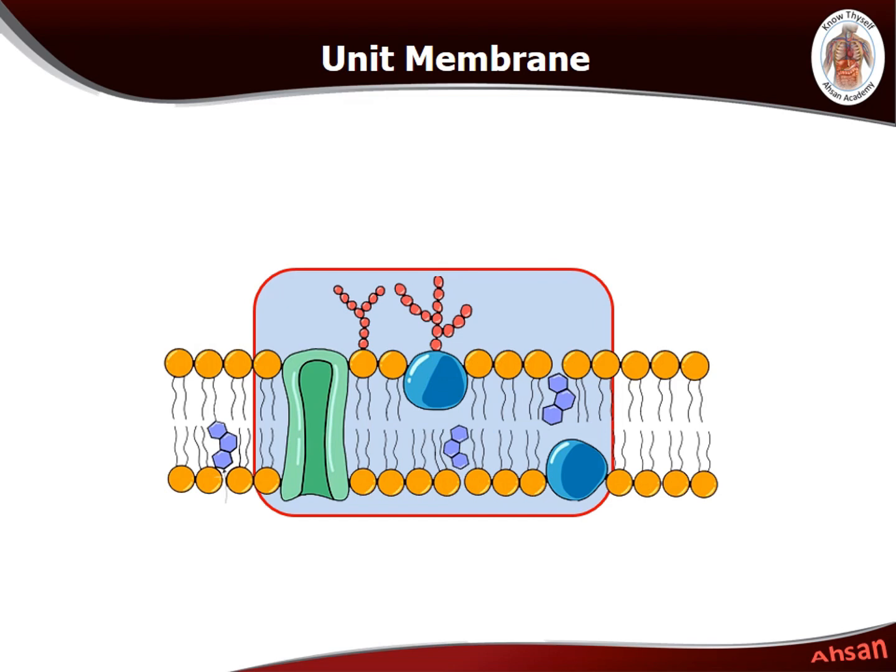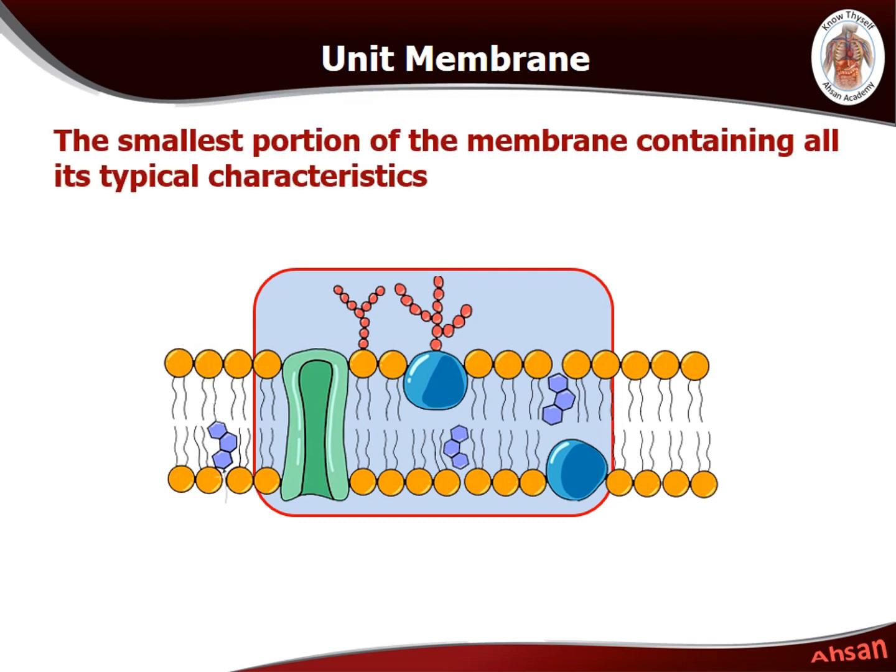Now this smallest portion has included all the chemical components and their orientations, and observing this one can explain all the typical characteristics of a membrane. So the smallest portion of the cell membrane having all its characteristics is the unit membrane. This is the unit membrane for the fluid mosaic model theory explaining the plasma membrane.